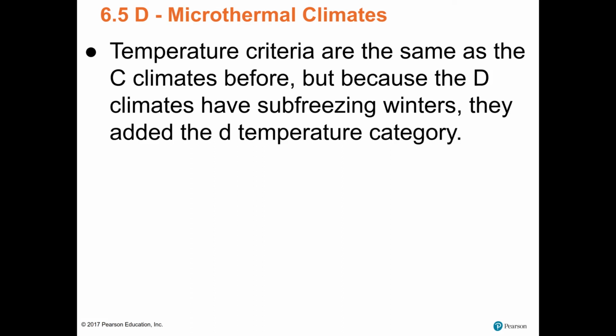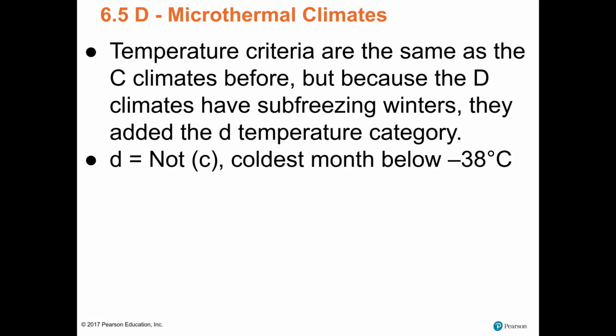And for the third letter, the C and D third letter are the same for the A, hot summer, B, warm summer, C, cool summer. But the D climates also have a fourth option for the third letter, and that is the D. And the D, again, the coldest month is below -38 Celsius. The only climates that have a coldest month below -38 Celsius are the D whatever D climates.